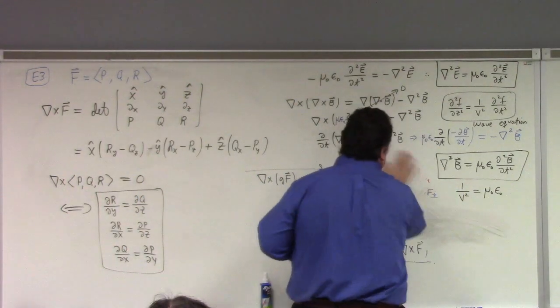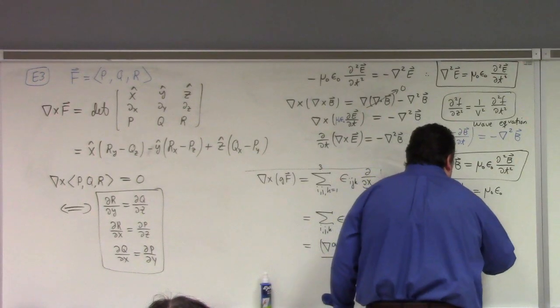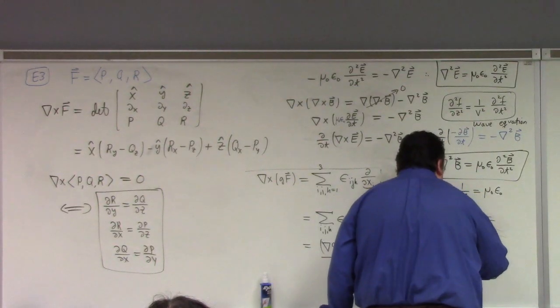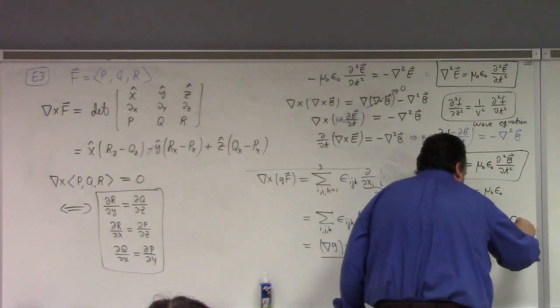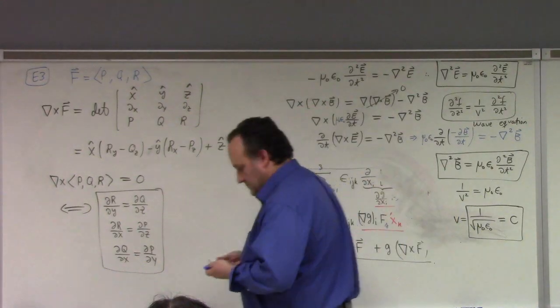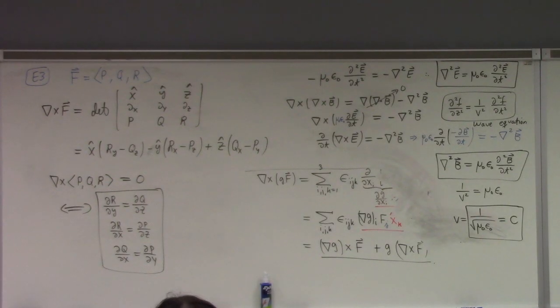And if you calculate that, 1 over the square root of mu naught epsilon naught, guess what that is? This is, in fact, 3 times 10 to the 8th meters per second. Also known as the speed of light.